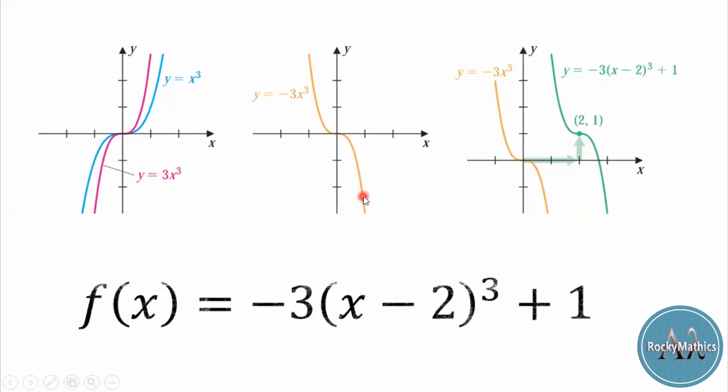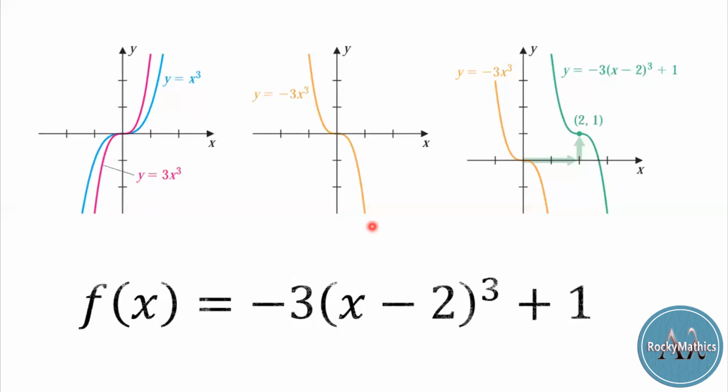Notice that this is a reflection of this with respect to the y-axis, as well as the x-axis. So this is now our graph of -3x cubed.